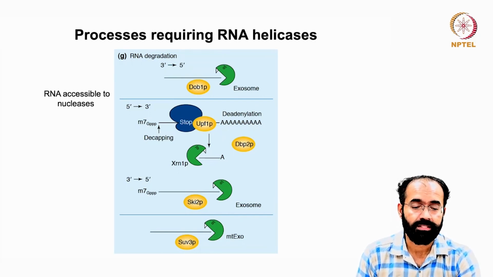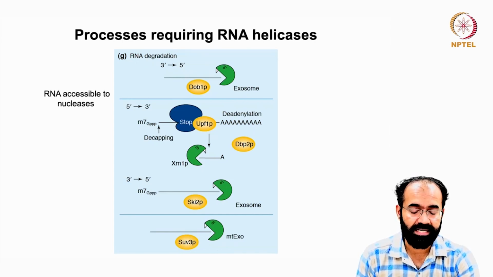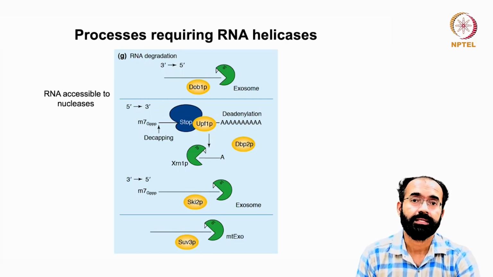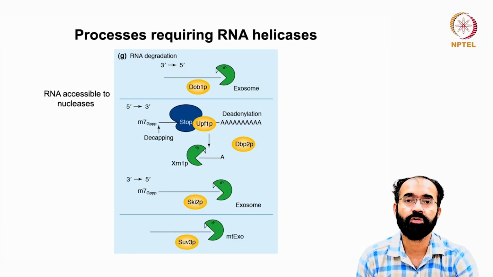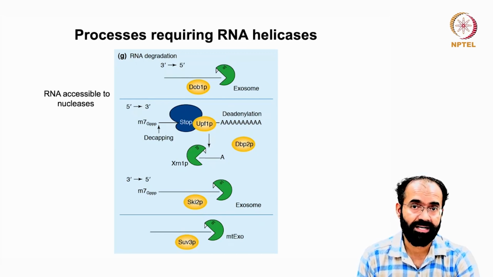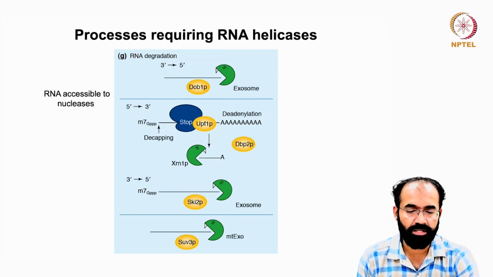And then in the 3' to 5' direction, you want to regulate the exosome. If the exosome is on, the RNA will be degraded from the 3' end. But again, this has to be regulated. It cannot go at a tremendous pace. So that is regulated by SKI2P.